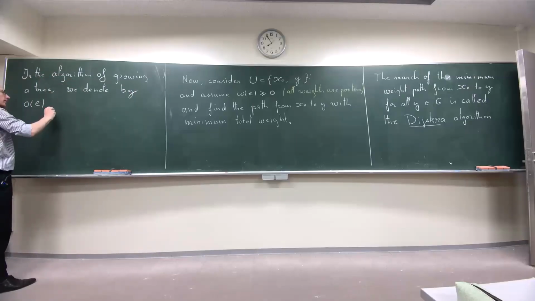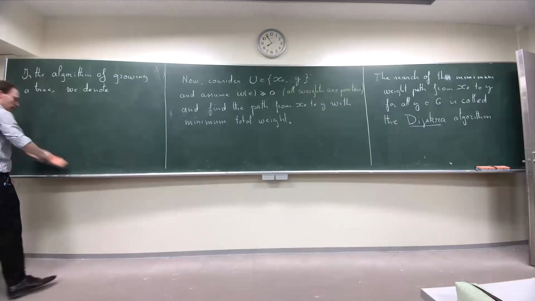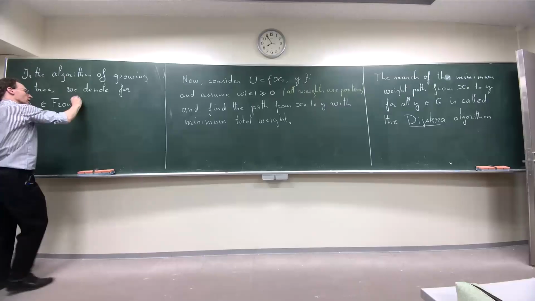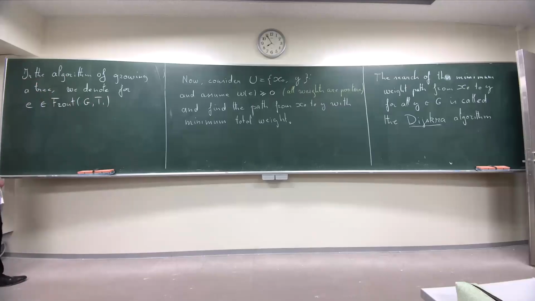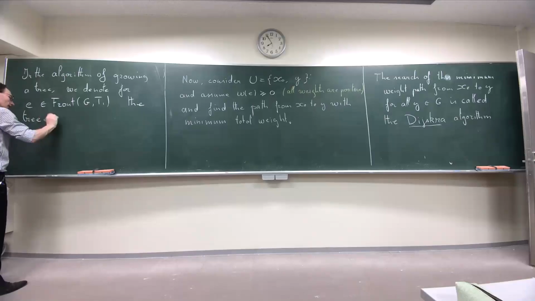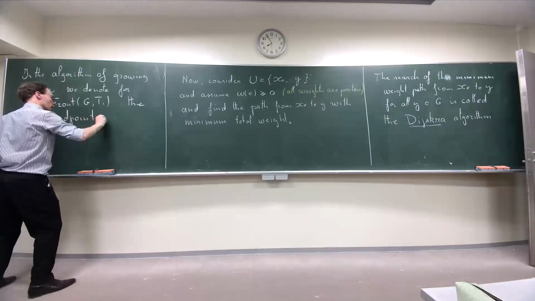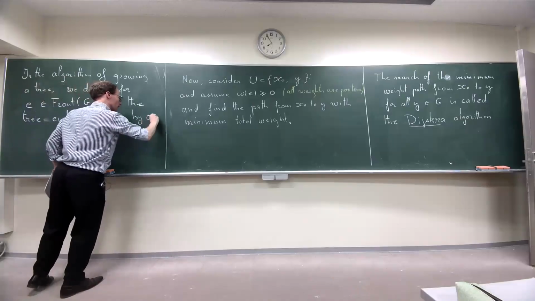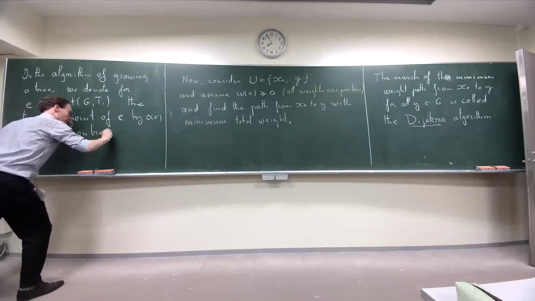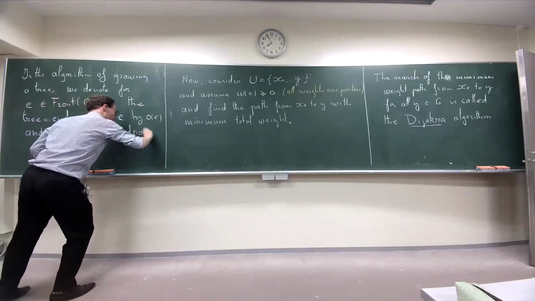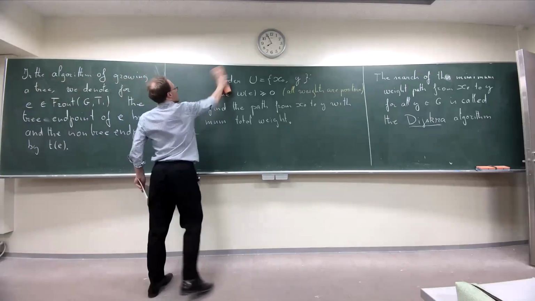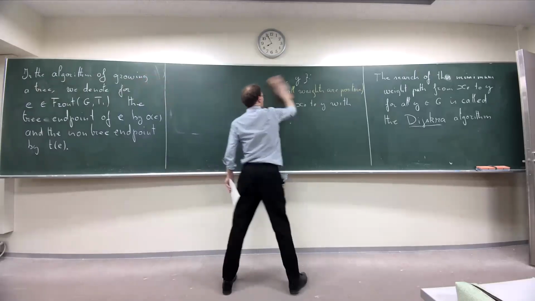For E inside this front set, we denote the tree endpoint of E by O of E, and the non-tree endpoint by T of E. This is completely natural according to the notation I have introduced for oriented graph.